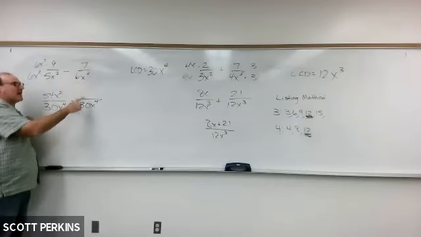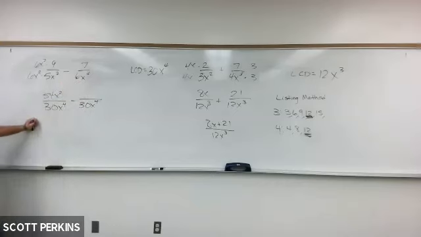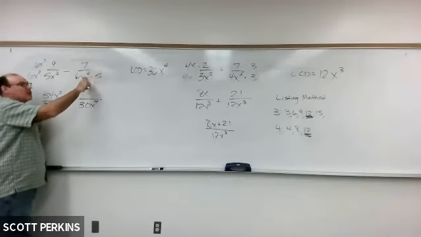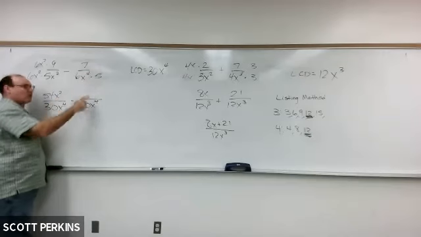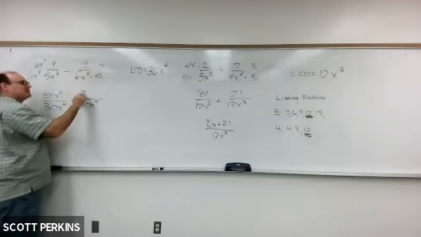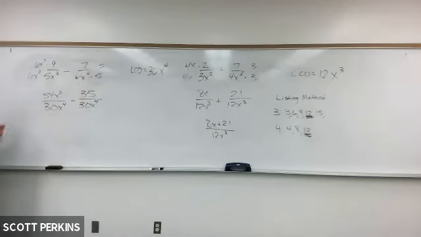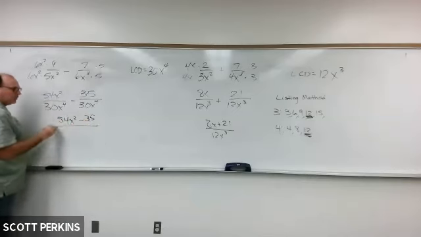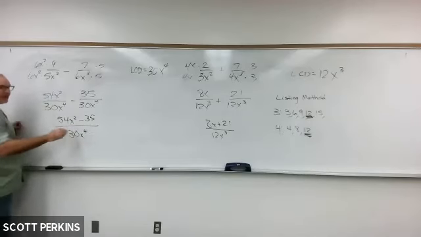What do I multiply it by to make 30x to the 4th? Again, just like last problem, no x is necessary because we have 4, so we don't need any more x's. 7 times 5 is 35. And nothing's going to factor out between these two terms, so my answer is just going to be 54x squared minus 35 all over 30x to the 4th.